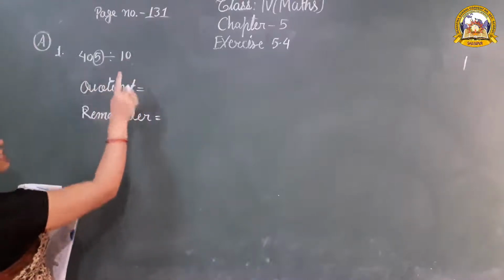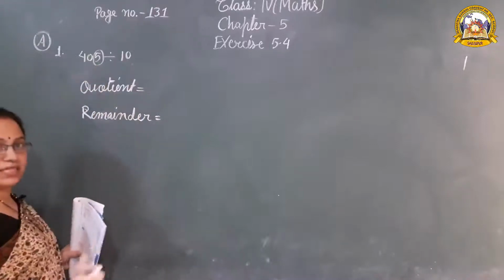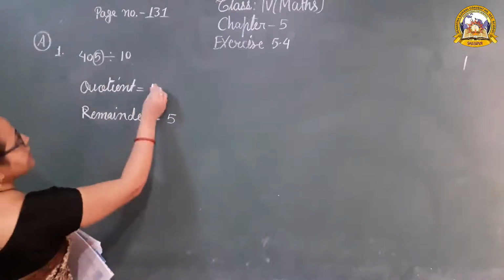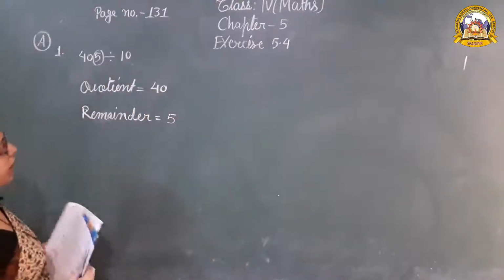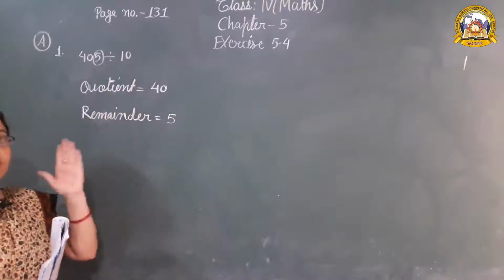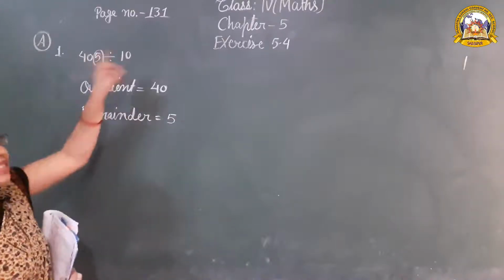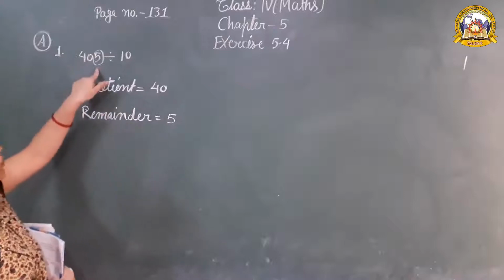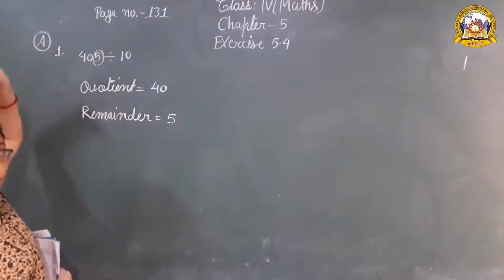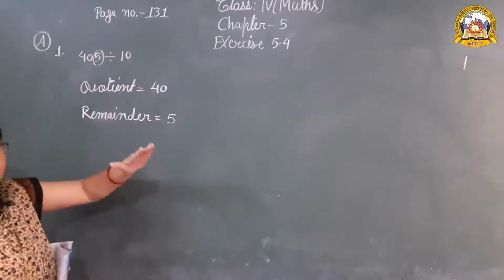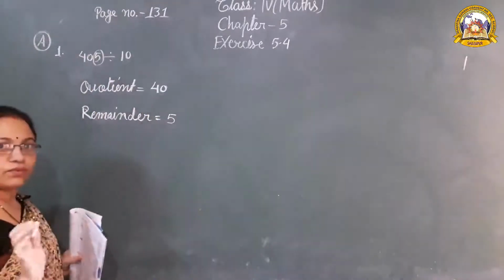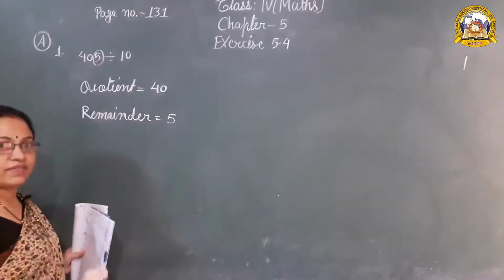Because there is only 1 zero, we take 1 digit from the ones place, 5, that is the remainder, and all the remaining digits are the quotient. हम सबसे पहले डिवाइजर में देखेंगे कि 1 के साथ कितने 0 हैं. Because there is only 1 zero, we take the 1 digit from the ones place, that is the remainder, and all the other digits which are left, we write as the quotient. So quotient is equal to 40 and remainder is equal to 5 without long division.